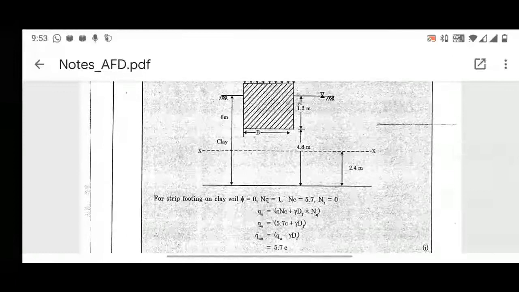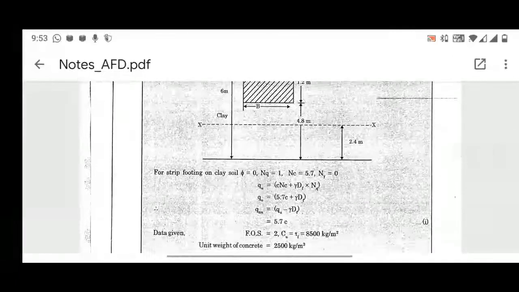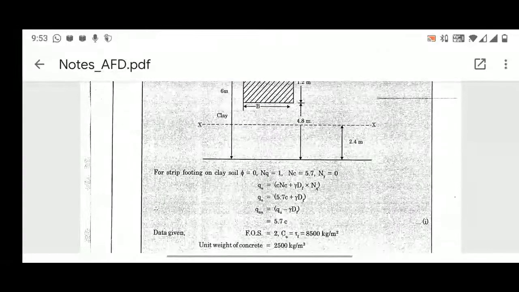Half gamma B N gamma is 0, so that gamma term will be equal to 0. So you will only have C NC plus Q, where Q refers to gamma DF, so gamma DF into NQ. Now QU will be 5.7C. On putting all those values for phi equal to 0, you will have the ultimate bearing capacity as 5.7C plus gamma DF.